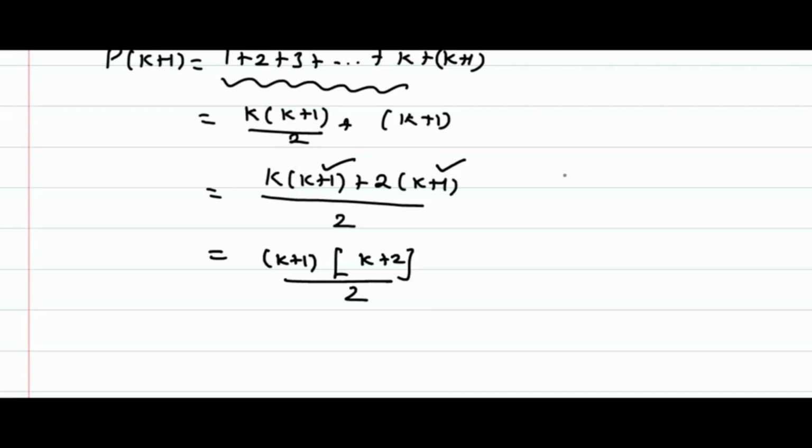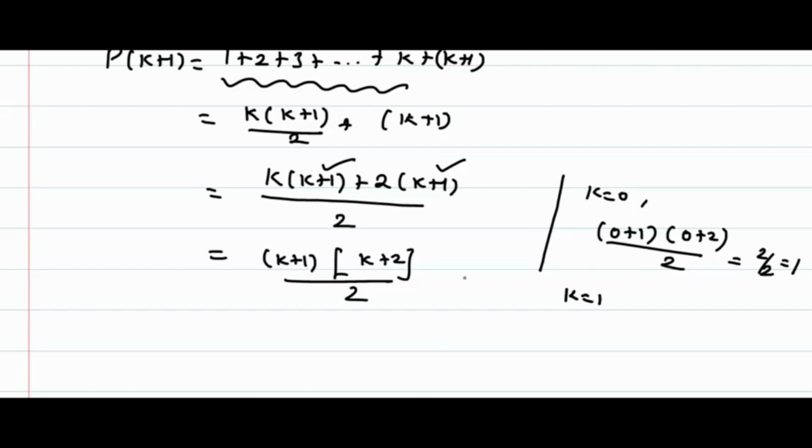Now we will verify whether this expression is true or not. Substitute k equal to 0. We get 0 plus 1 into 0 plus 2 by 2, which is equal to 2 by 2 equal to 1. Again we substitute k equal to 1 in this expression. We get 2 into 3 by 2, which is 6 by 2, which is nothing but 3.